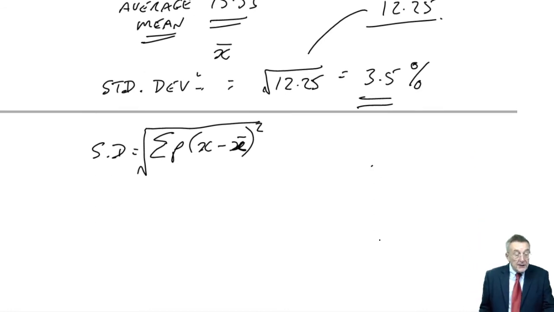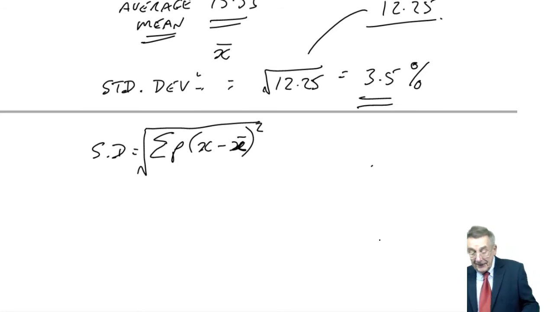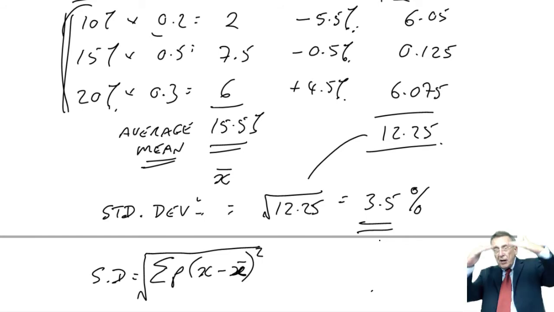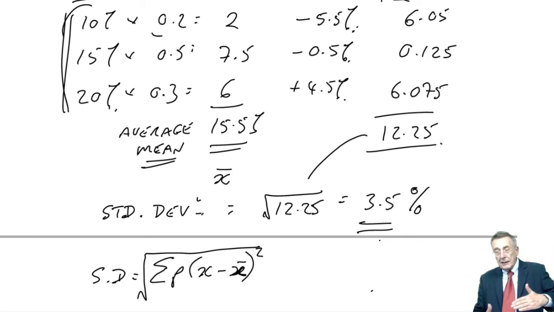You'll see the question does also ask for the coefficient of variation. Remember, that 3.5, here percents, it could be in dollars, is a measure of the spread, how much higher and lower it might be. But is that a lot or is it a little?